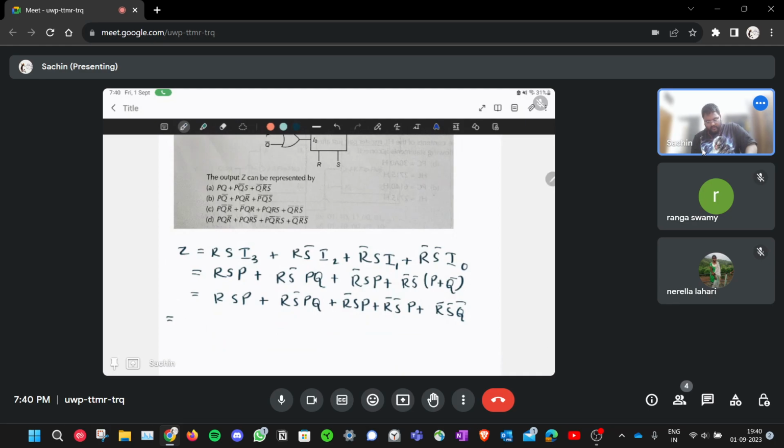So you could write this as PQRS plus PQ bar RS plus PQS bar R plus PQSR bar plus PQ bar SR bar plus PQ bar R bar S bar plus PQ R bar S bar.